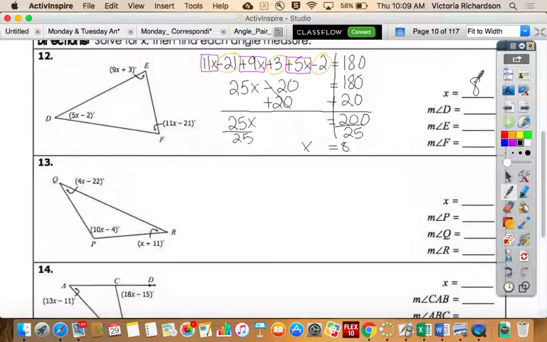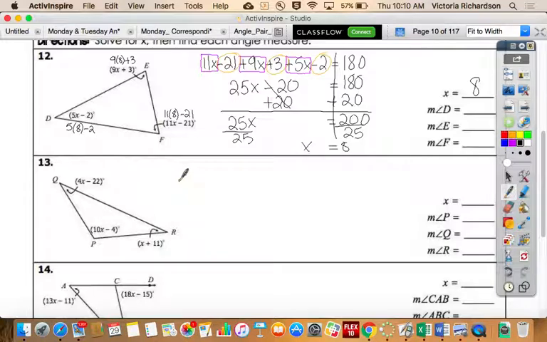Now we're not done. Just like on your homework, you had to put the x back in order to find the angle measure. So I have 9x plus 3, so that's 9 times 8 plus 3. And then I have 5 times 8 minus 2, and 11 times 8 minus 21.